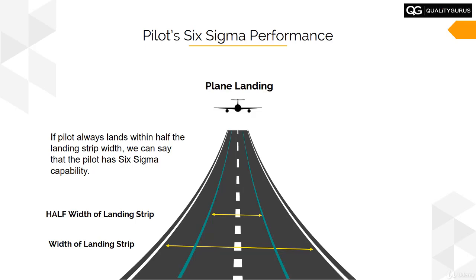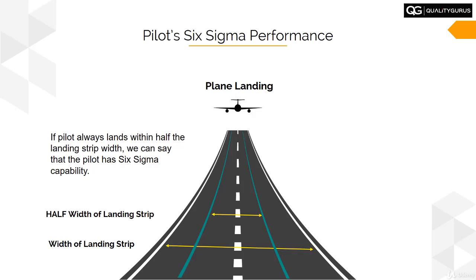In life, you would see that everything has variation. No two people are the same. No two fingerprints are the same. There are differences in whatever we do. The same happens with this landing also. So even though the pilot attempts to land at the very center of the strip, many times the pilot will land slightly to the left, slightly to the right.